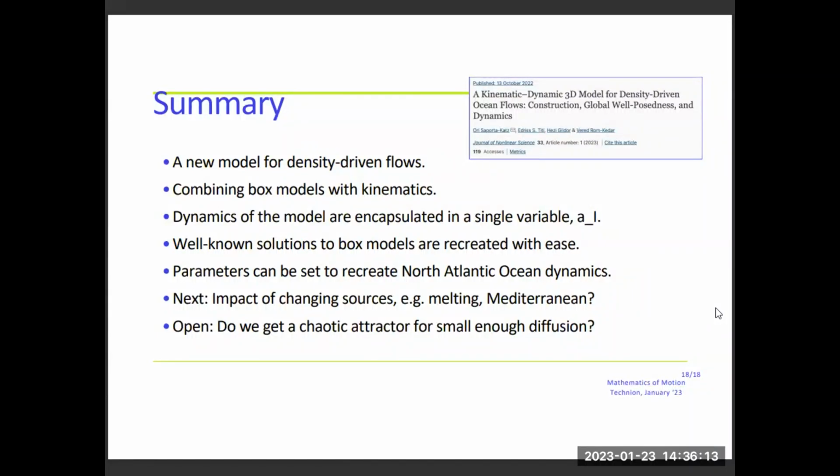Yes, but it's not clear at the moment if what we see in the simulations is realistic. We can set the parameters to some extremes, and we see something that looks like a chaotic scenario.